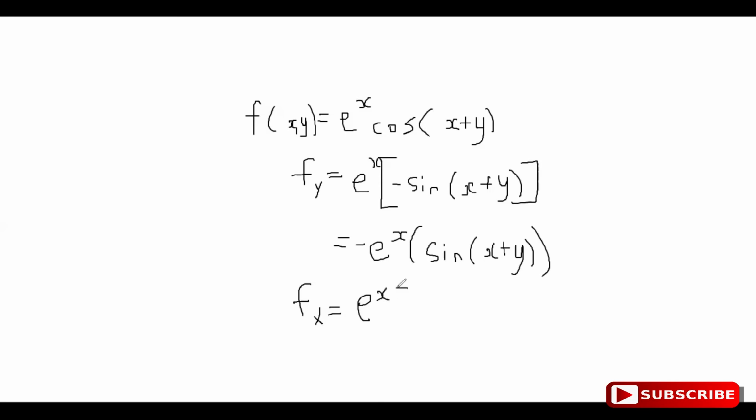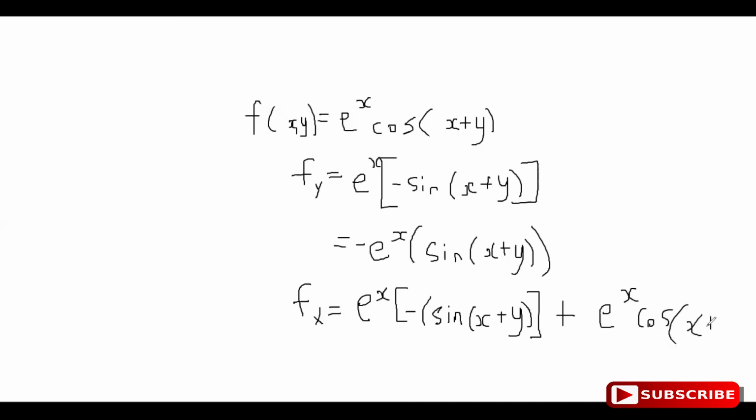You differentiate cosine, you get minus sine. So you get minus the sine of x plus y, plus, keep the second now and differentiate the first. So you get e to the x times the cosine of x plus y.